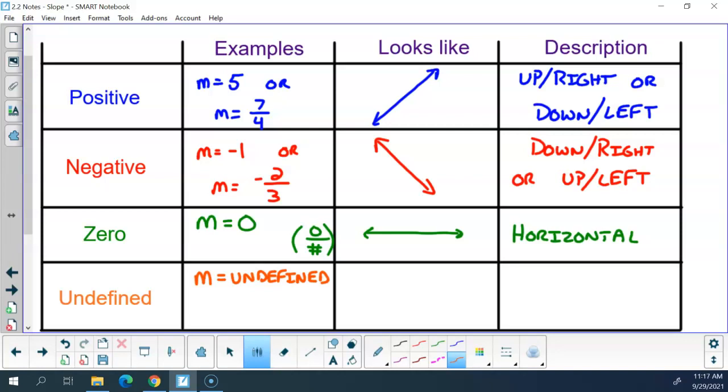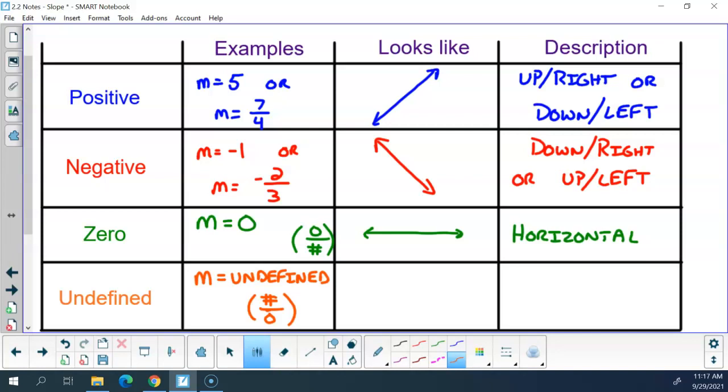So here, it's not infinity, it's undefined, because it's going to be some number divided by 0. And we can't divide by 0. That's the problem. Okay? So what does it look like? So now if we're thinking rise over run, right? We're rising, but we're not running.